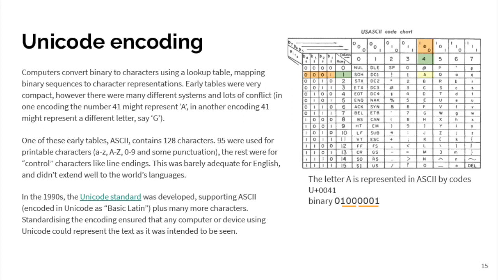So you can see in this chart that if I wanted to represent the letter A, I could use the binary 1000001. So this is the top orange square, and then joined together with the right orange sequence.